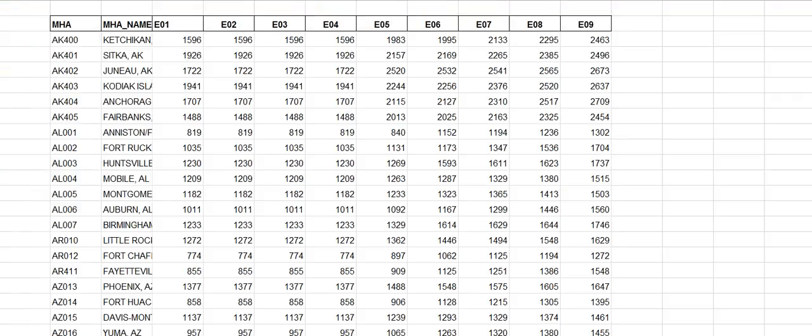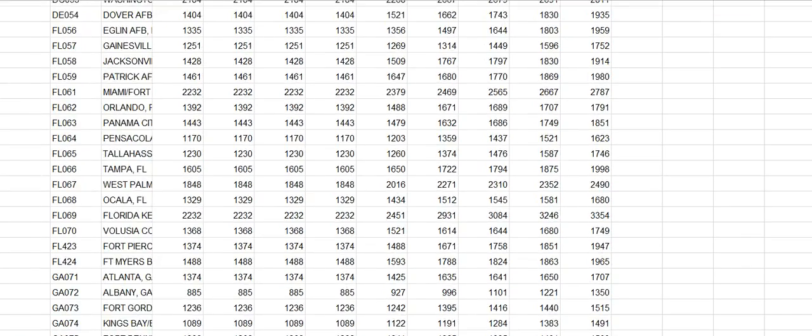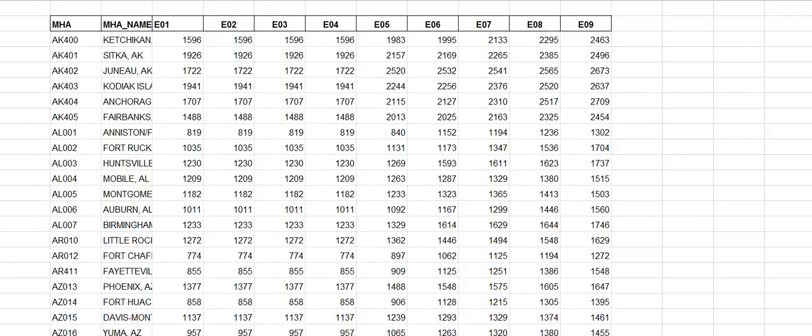This diagram displays the Basic Army Housing Allowance for a soldier living on post with dependents. As shown on the left, in the first column, the MHA, which is the post code, goes hand in hand with the zip code for that post, because some posts take up multiple zip codes because of their size.